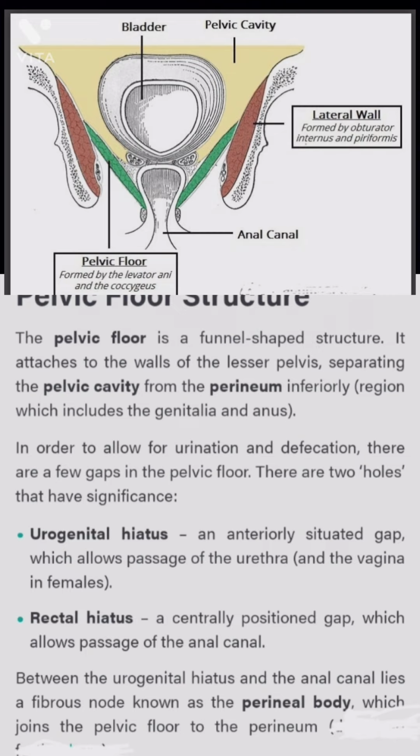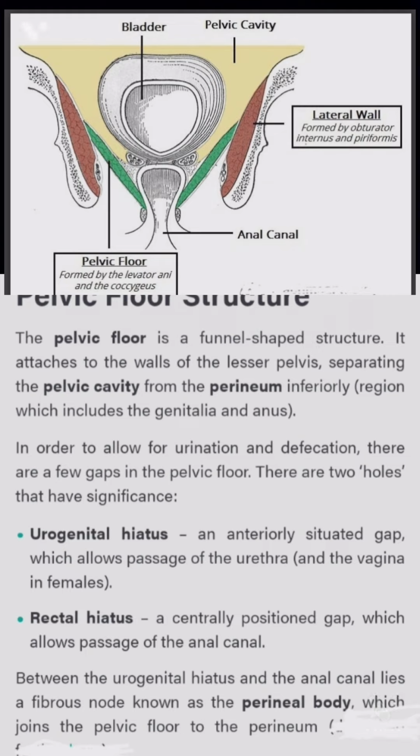The first is the urogenital hiatus, an anteriorly situated gap which allows passage of the urethra, from which urine is passed out, and the vagina in females. The second is the rectal hiatus, a centrally positioned gap which allows passage of the anal canal, through which we pass our feces or stool.